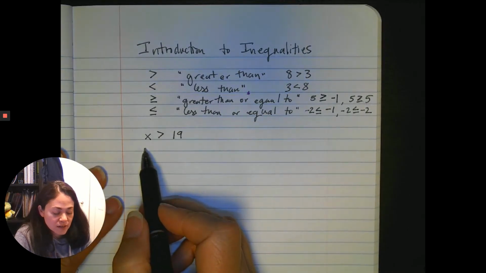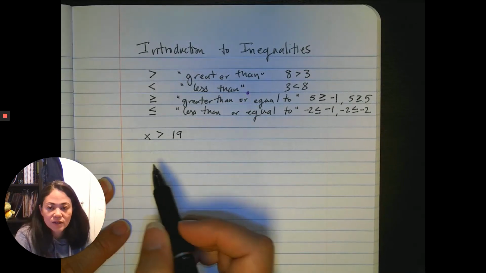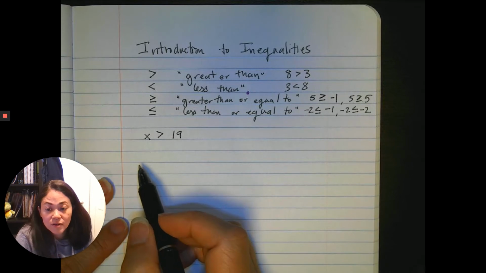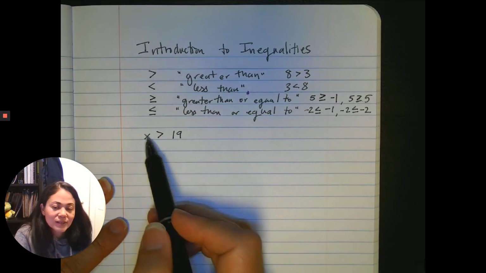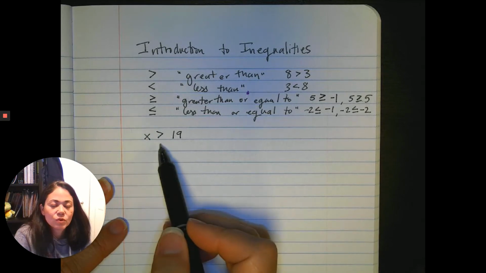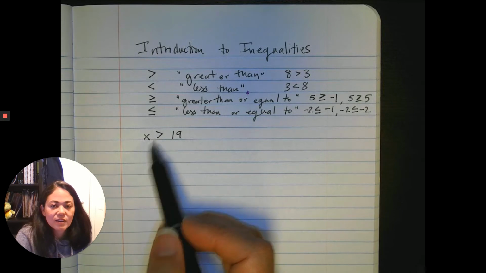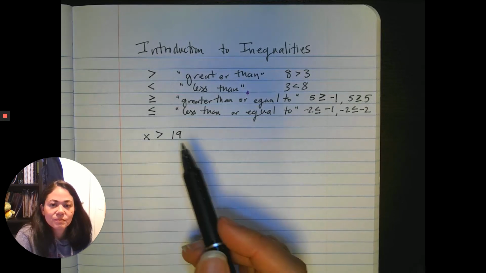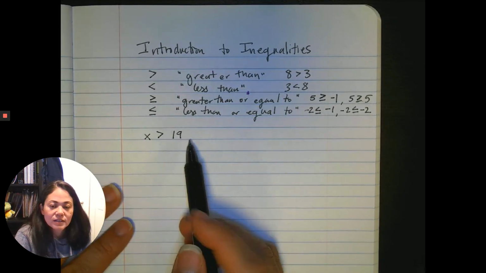Of course, 20 is greater than 19, so x could equal 20. X could also equal 500 because 500 is greater than 19. So any number that's bigger than 19 would work for this situation. 19, of course, would not work. And, well, 10 would not work either, or any negative number. But anything greater than 19 would work.